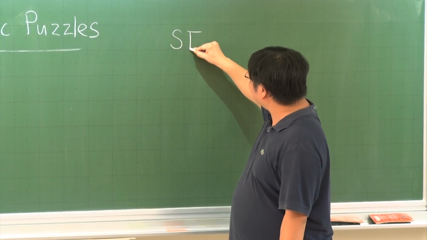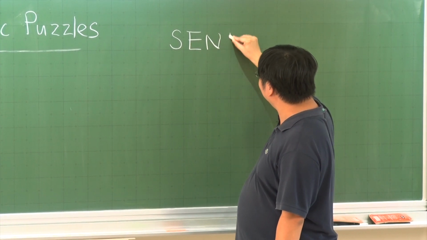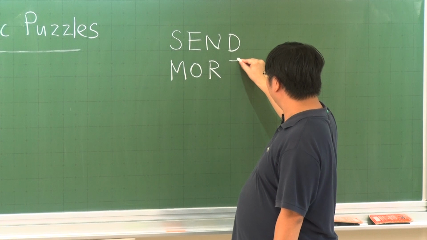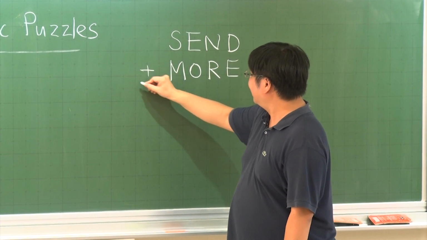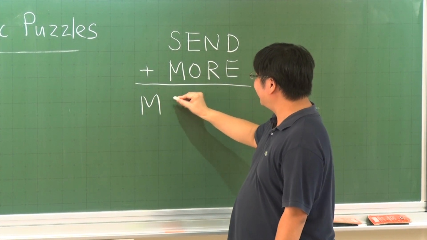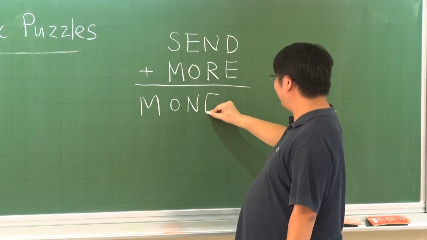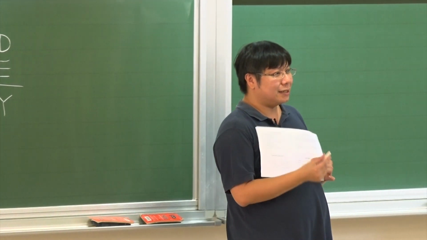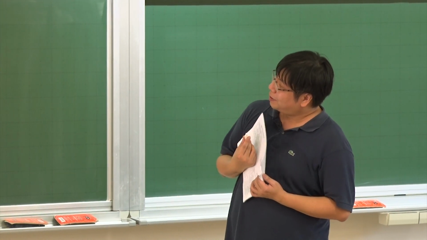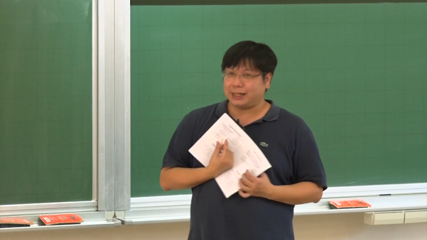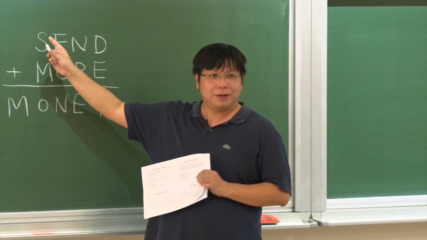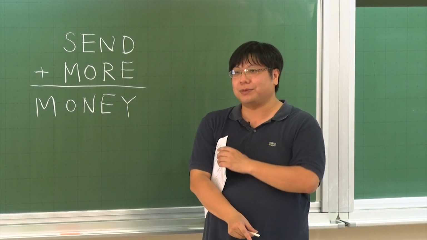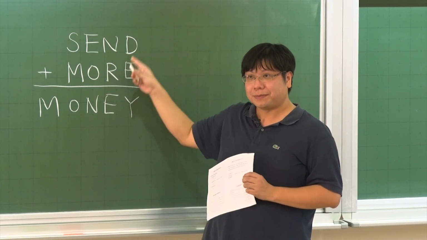There is a question like SEND plus MORE equals MONEY, okay? So there is a puzzle that looks like this. You want to find, for each symbol, a number from 0, 1, 2, 3 up to 9 to represent them.